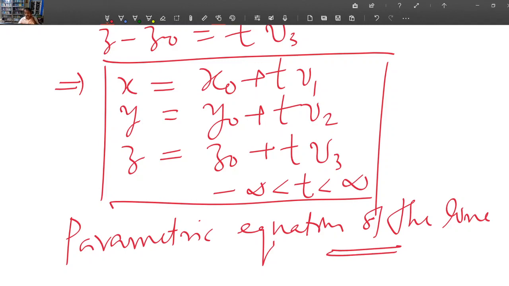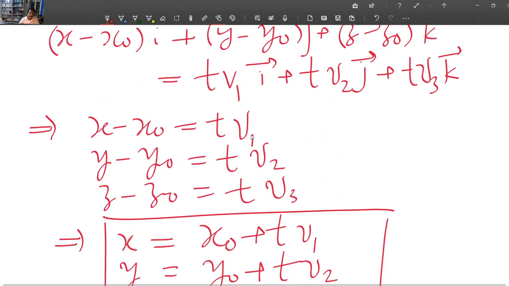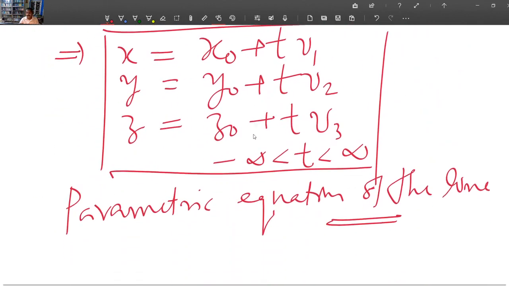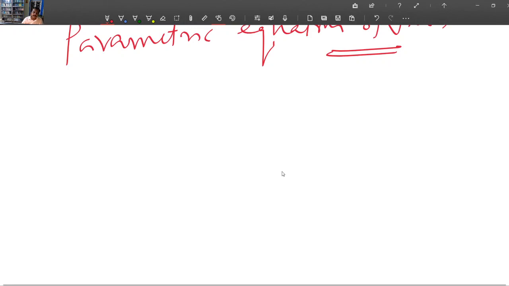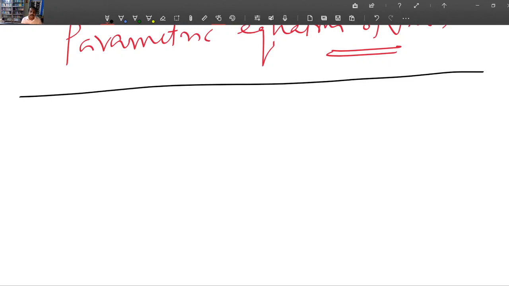Now the vector equation of the line is given by r of t. So you have two equations. First one is the vector equation.